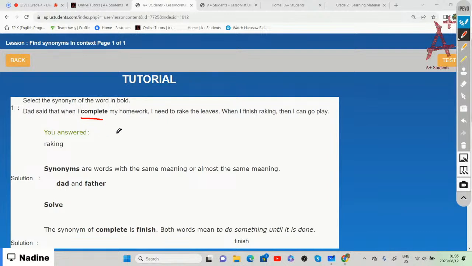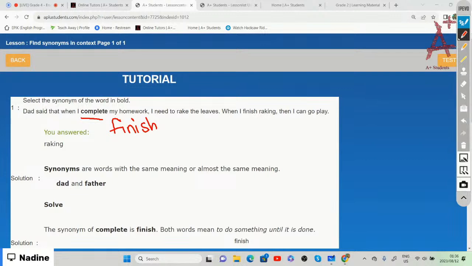So we need to find the word that is either the same in meaning as complete or almost the same in meaning as complete. So basically, a word that is the same or almost the same as complete is finish, right? Because it's like his dad saying that if he does not finish, then he won't be able to go play.